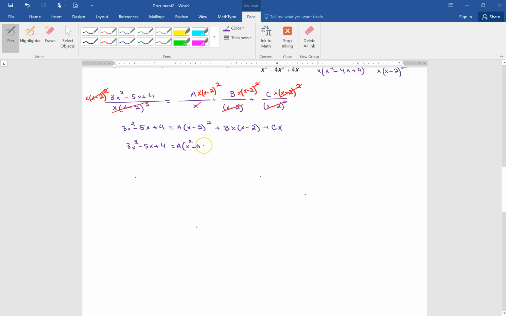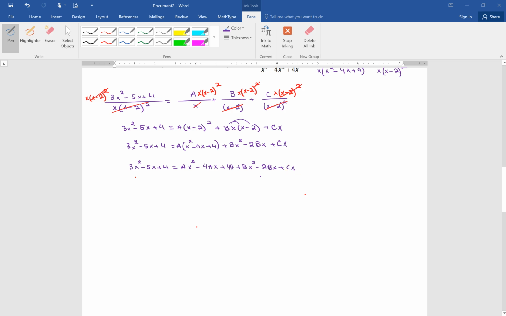X squared minus 4x plus 4, plus distribute the Bx. Bx squared minus 2Bx plus Cx. Now I'm going to distribute the A. So we get Ax squared minus 4Ax plus 4A. Okay?